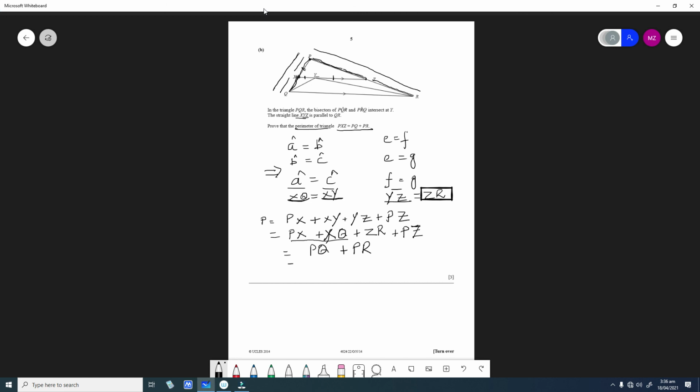So we have proven that the perimeter is equal to PQ plus PR, and this was what was required in the question, to prove that the perimeter of this given triangle is PQ plus PR.